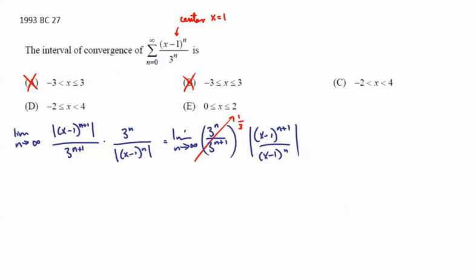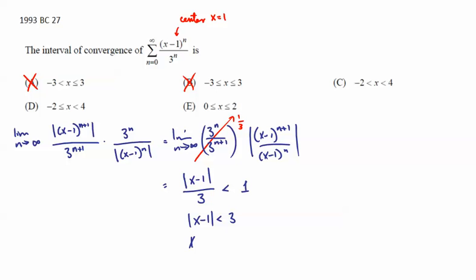Before we worry about what it has to be less than, let's just simplify this again. We have absolute value of x minus 1 over 3. Now that limit has to be less than 1. If I multiply through both sides by 3, I get that x minus 1 absolute value is less than 3.